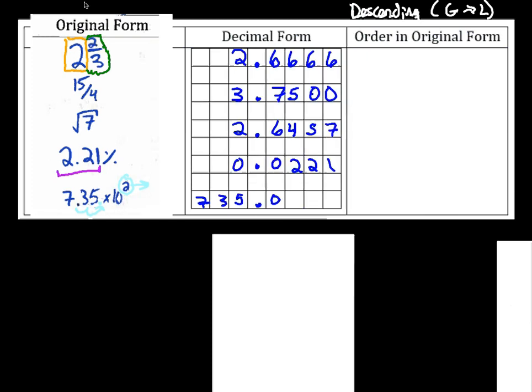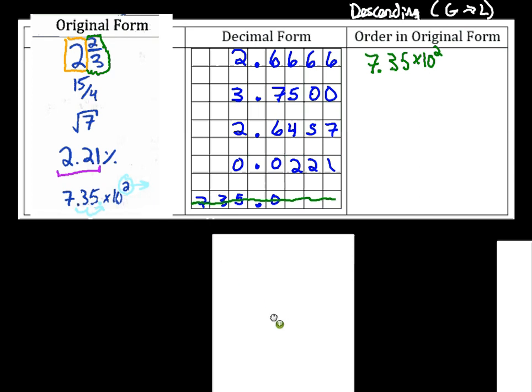So let me write that down. Let's do it in green. It's going to be 7.35 times 10 to the second power. And since I used it, I can just cross it out very easily. Just put one line through to show that you used it once.